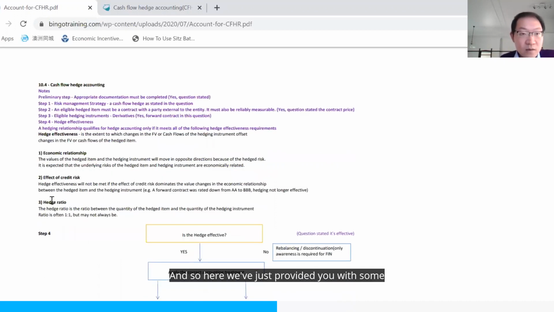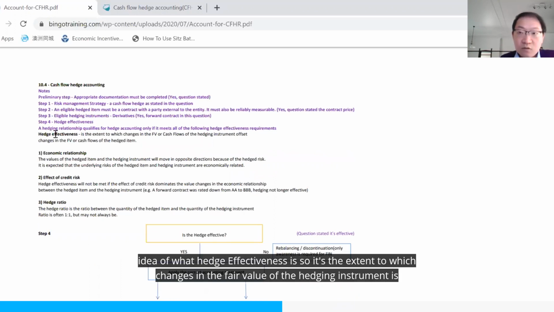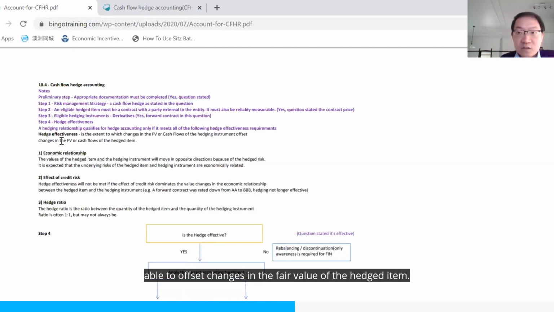Here we've provided you with an idea of what hedge effectiveness is. It's the extent to which changes in the fair value or cash flows of the hedging instrument are able to offset the changes in the fair value of the hedged item.